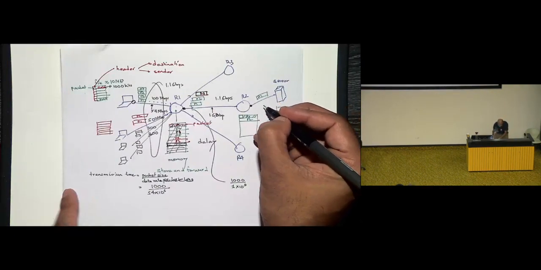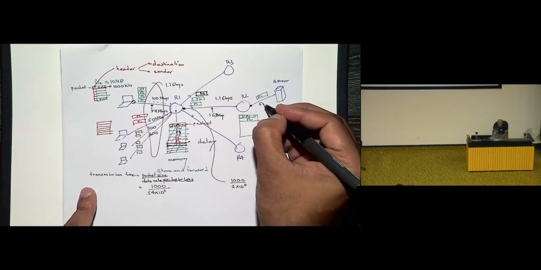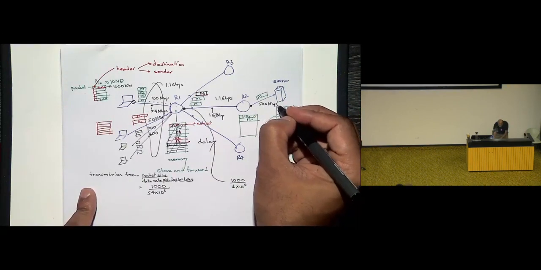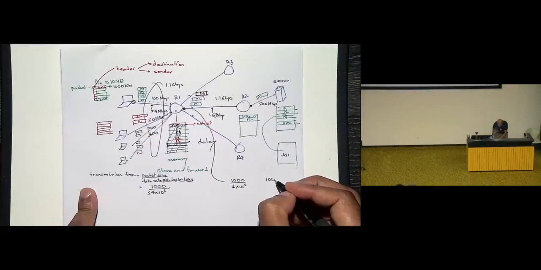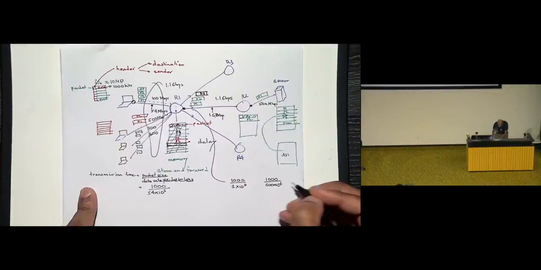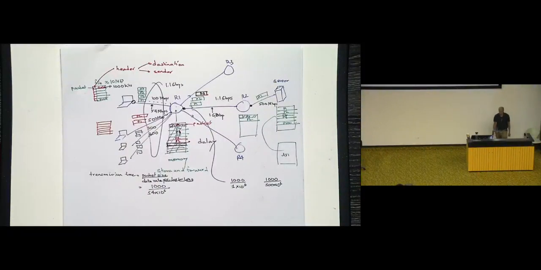Let's say this is, I don't know, 500, so here it will be 1000 divided by 10 to the 6. So ultimately we will have to add all of these, right? So that will be the total transmission time.